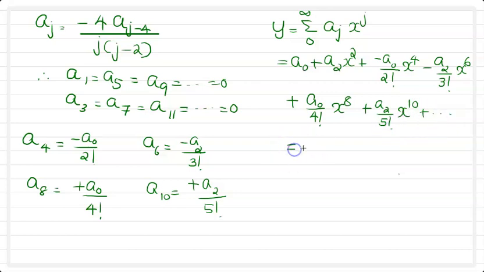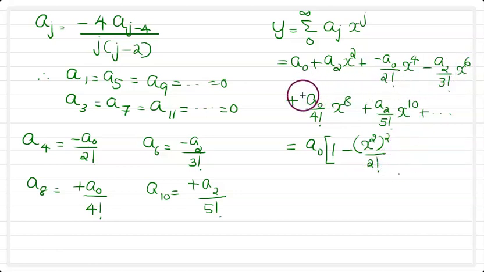Now we can group those terms containing a0 together. So we get a0 into 1 minus x raised to 4 by 2 factorial, which can be expressed as x square whole square by 2 factorial.